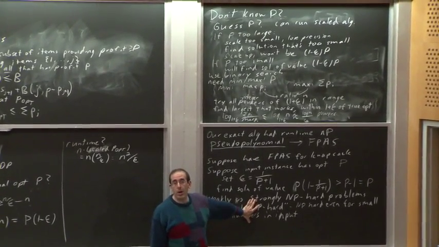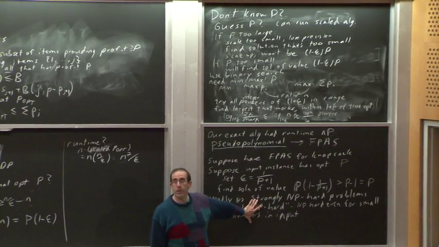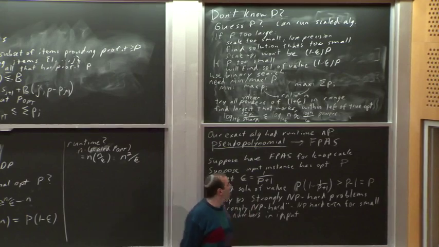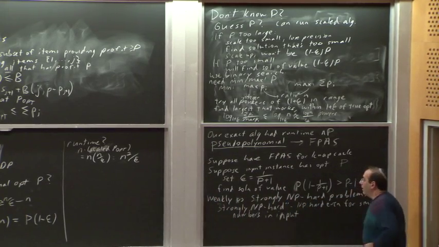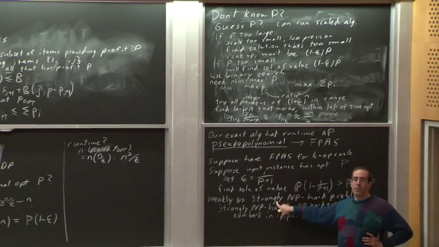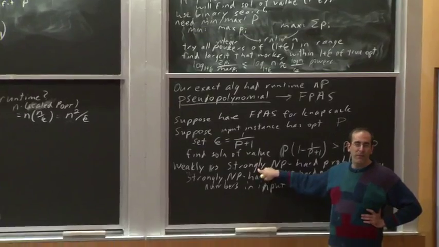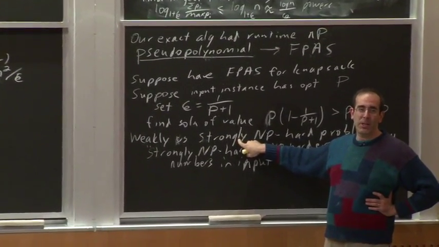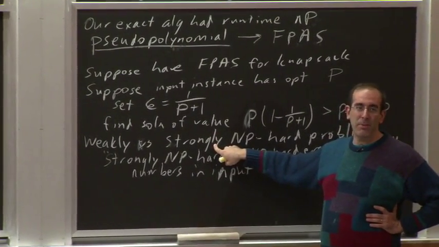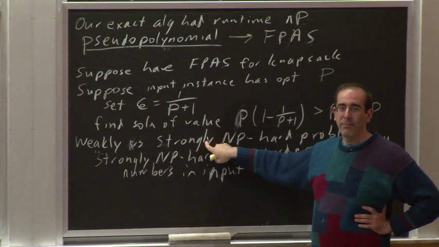They remain NP-hard even if the numbers that are provided as part of the input are small. So what's the relationship here? Well, a strongly NP-hard problem cannot have a pseudo-polynomial algorithm. If it's NP-hard for small numbers, then there can't be an exact algorithm when the numbers are small. In other words, there can't be a pseudo-polynomial algorithm.